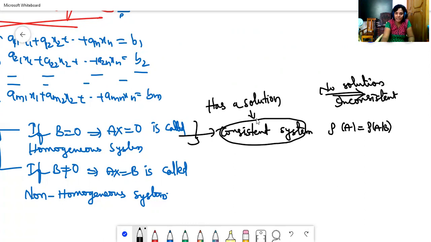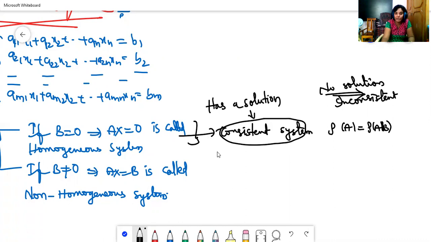If the system has a solution, consistent, the condition is rank of A equal to rank of the augmented matrix A slash B, in which we take the last column as the constant matrix B. If both ranks are equal, then the system has a solution.